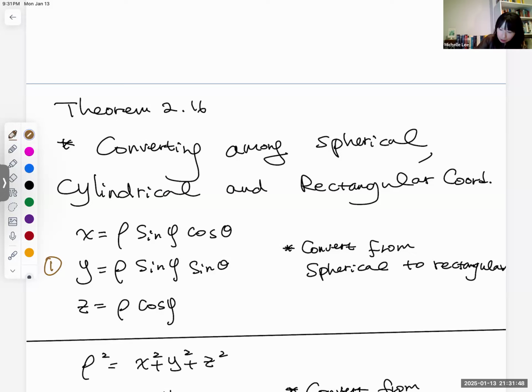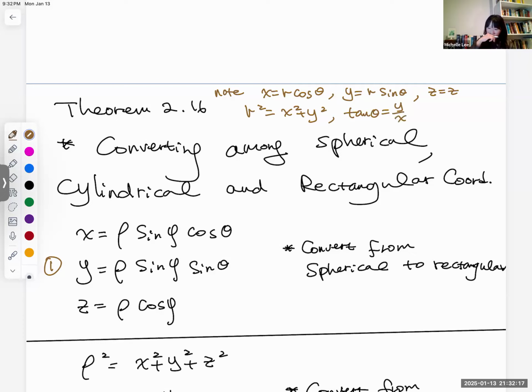Before we do that, let's talk about this. We have x equal to r cosine theta, y equal to r sine theta, z equal to z, and r squared equal to x squared plus y squared, and then tan theta equal to y over x, z equal to z, right?